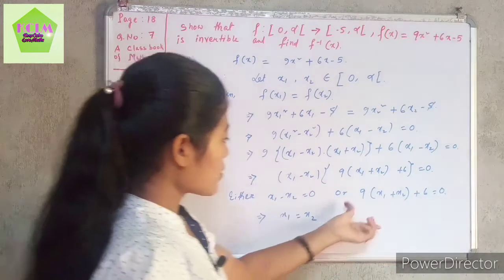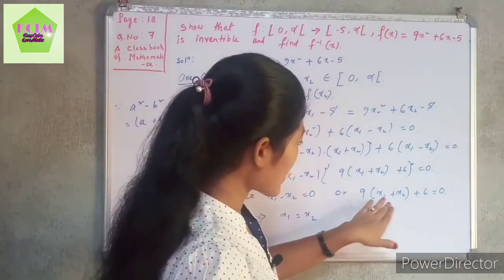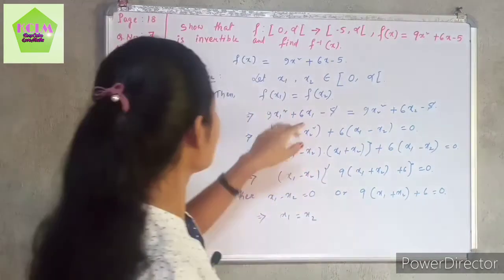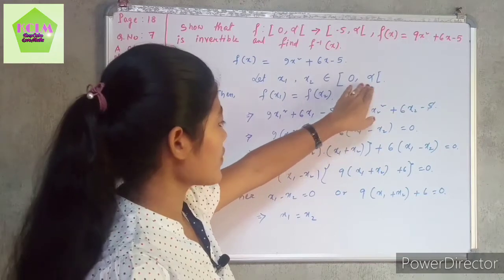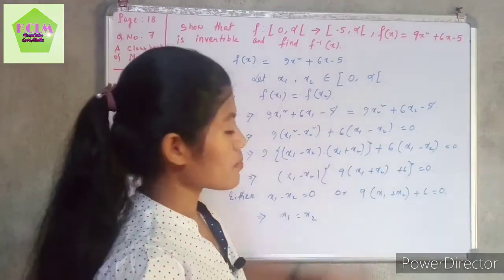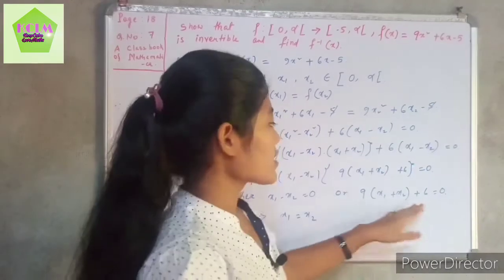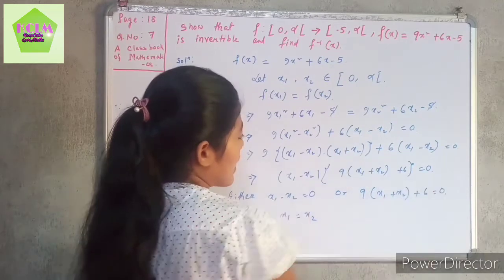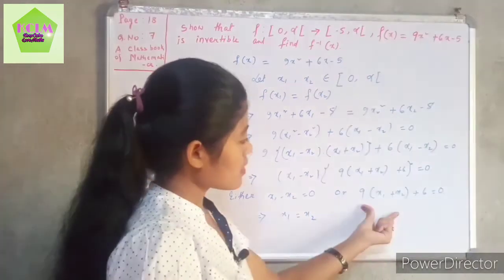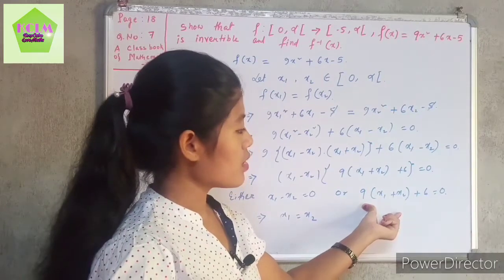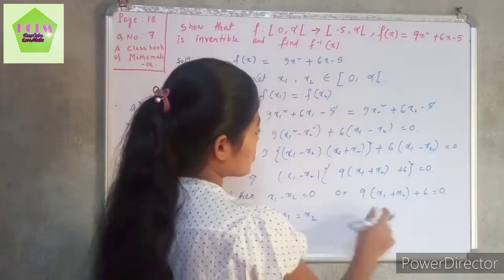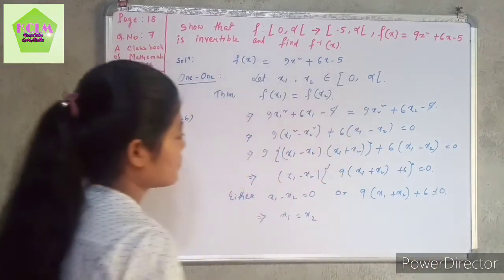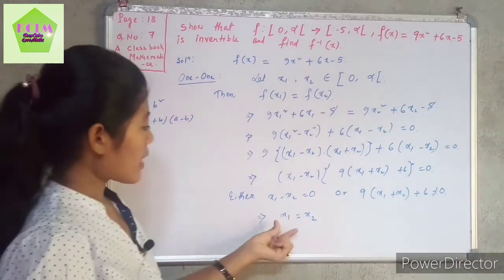We have taken two elements x1 and x2 in the domain, the closed-open interval 0 to infinity, so these two numbers are positive. 9 and 6 are also positive numbers. So 9 into x1 plus x2 plus 6 cannot be 0. It is always greater than 0. So this is not possible. We are left with only x1 equal x2.